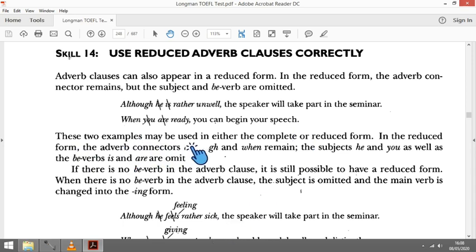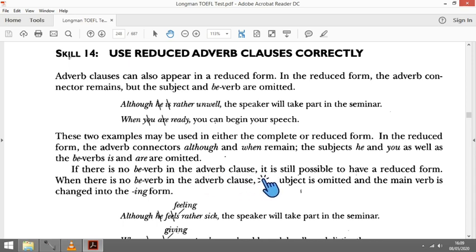In the reduced form, the adverb connectors when and although remain, we don't reduce them. The subjects he and you, as well as the be verbs is and are, are omitted. If there is no be verb in the adverb clause, it's still possible to have a reduced form.